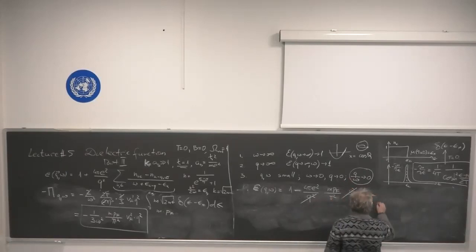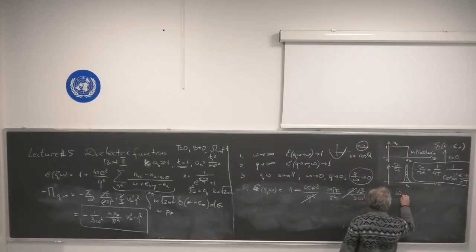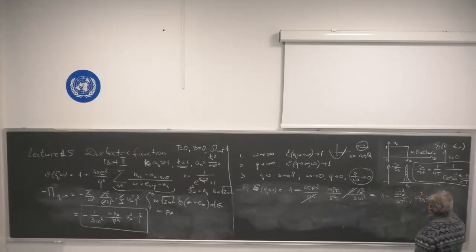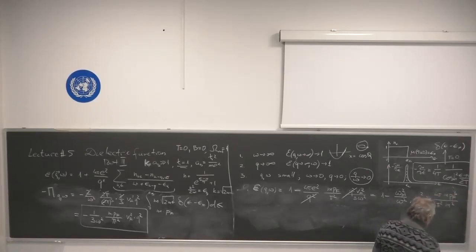So therefore, this is 1 minus, I will write it, omega_pl squared divided by omega squared, where omega plasmon squared is equal to 4 pi. Let me multiply it by m squared and divide it by m squared. So I have m p_F cubed divided by pi squared, 3 pi squared times m squared.